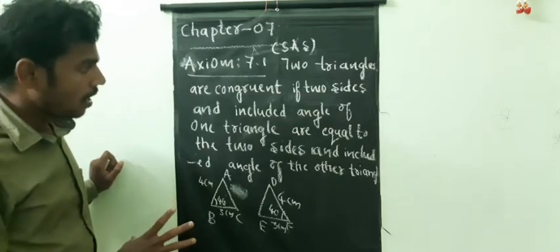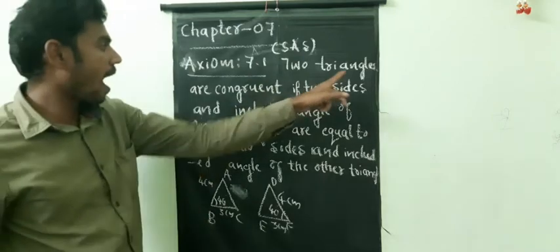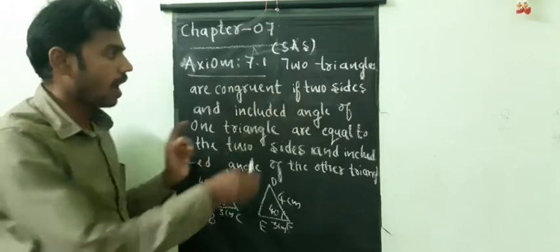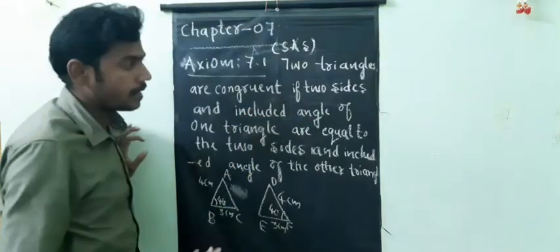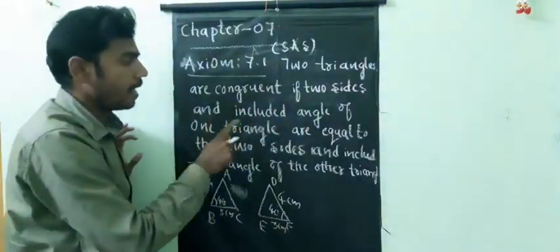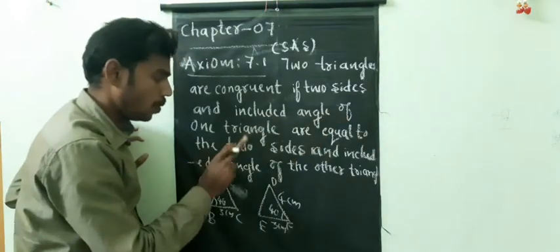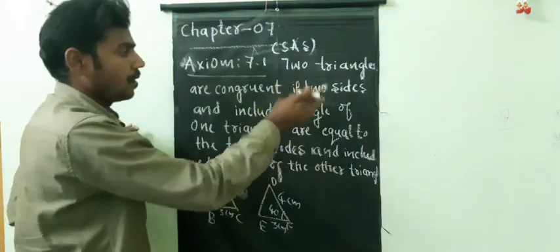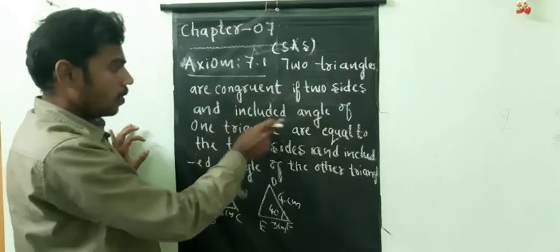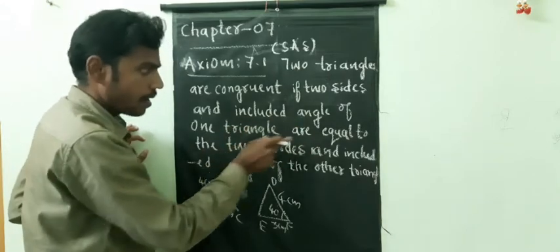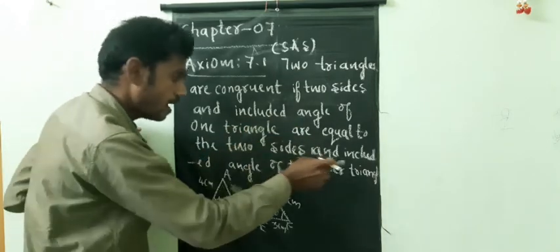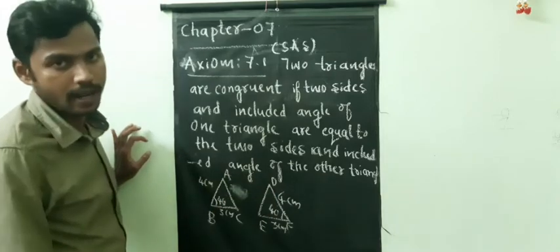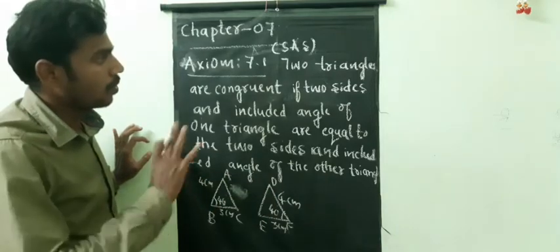So please note this down. So what does it state? 2 triangles are congruent if two sides and the included angle of one triangle are equal to the two sides and included angle of the other triangle. Okay, please note this down.